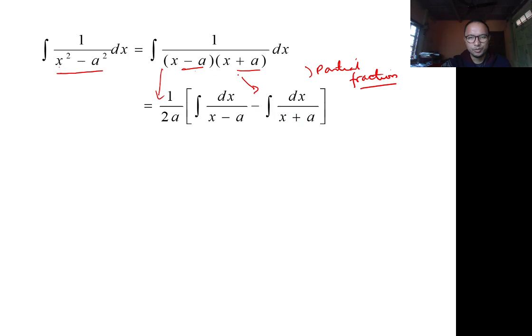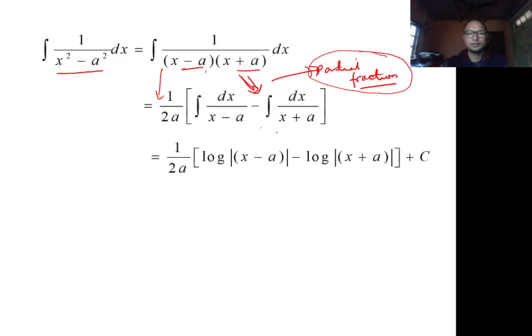From here to here, I will tell you when we do partial fractions. But for the time being, we are using the partial fraction formula, right? For the time being, just listen to this.